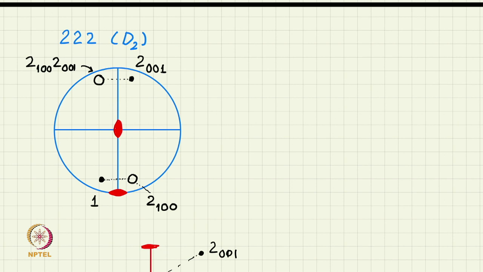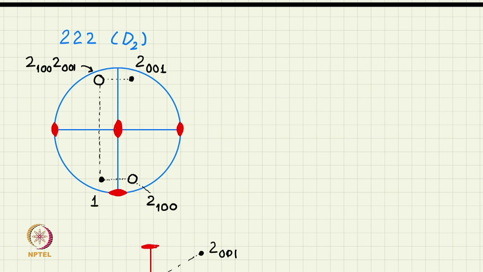So, how is this related to the initial? Is there a single operation which is equivalent to the product of these twofolds? If I relate the initial point to this final position, these two can be related by another horizontal twofold which is at 90 degrees to the initial twofold.